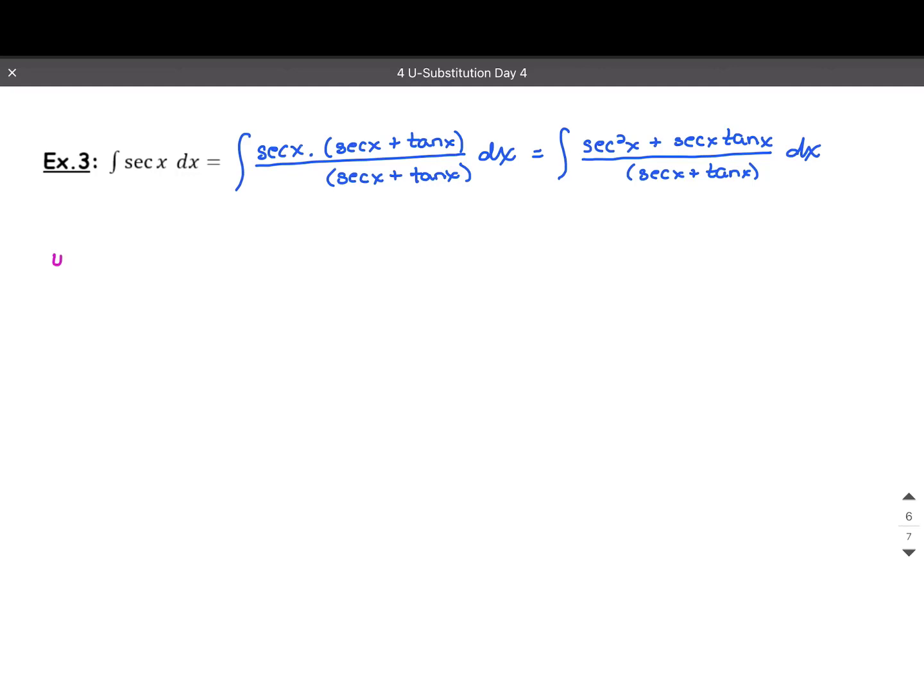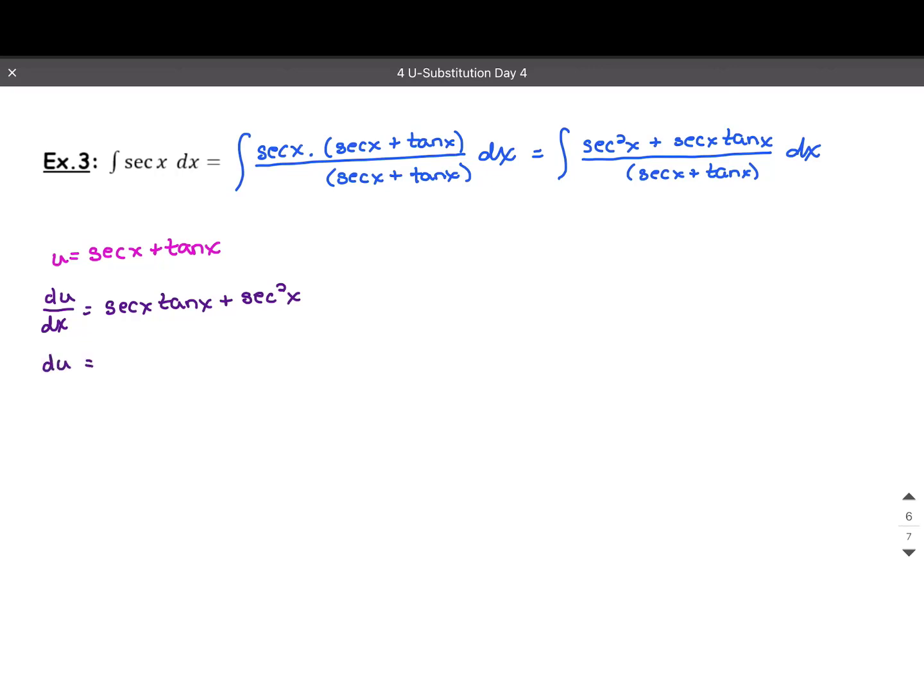I'm going to let my denominator be u. Secant x plus tan x is my denominator, and that's my u. Now let's find du dx. The derivative of u is du dx equals the derivative of secant x, which is secant x tan x, plus the derivative of tan x, which is secant squared x.